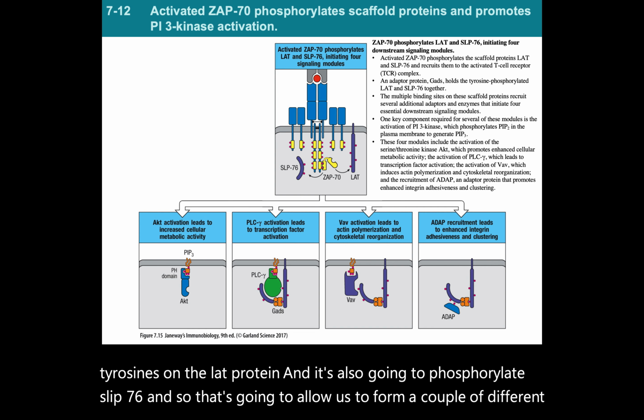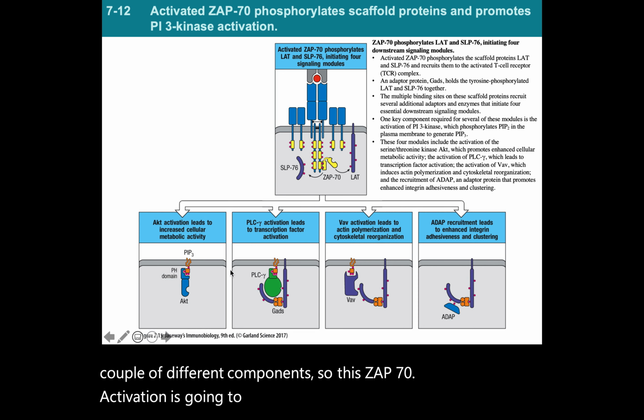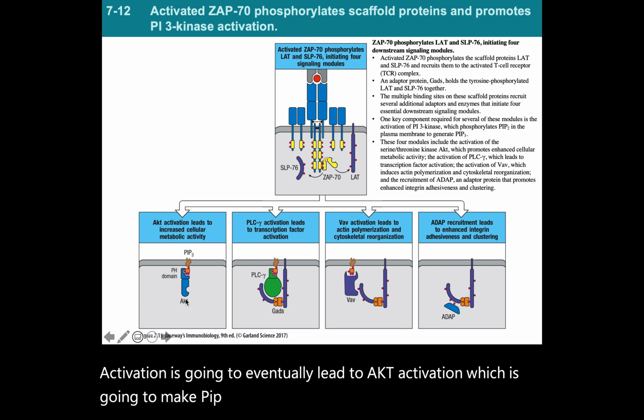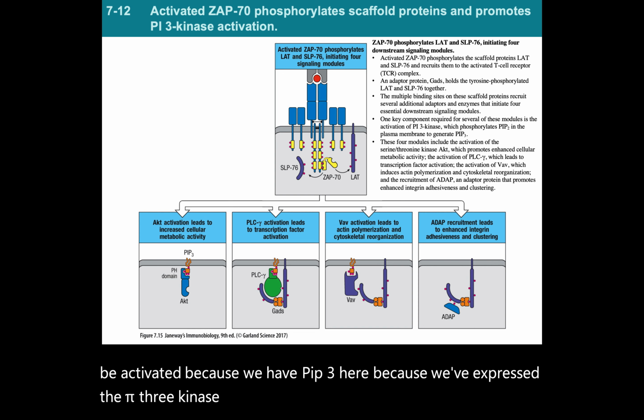So this ZAP70 activation is going to eventually lead to AKT activation, which is going to make PIP3, and there we go. So AKT is going to be activated because we have PIP3 here, because we've expressed the PI3 kinase, which turns PI2 or PIP2 into PIP3.